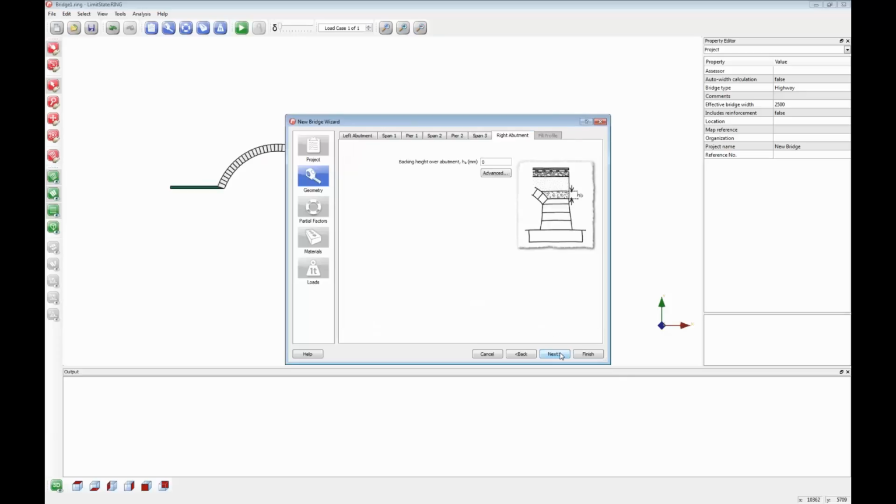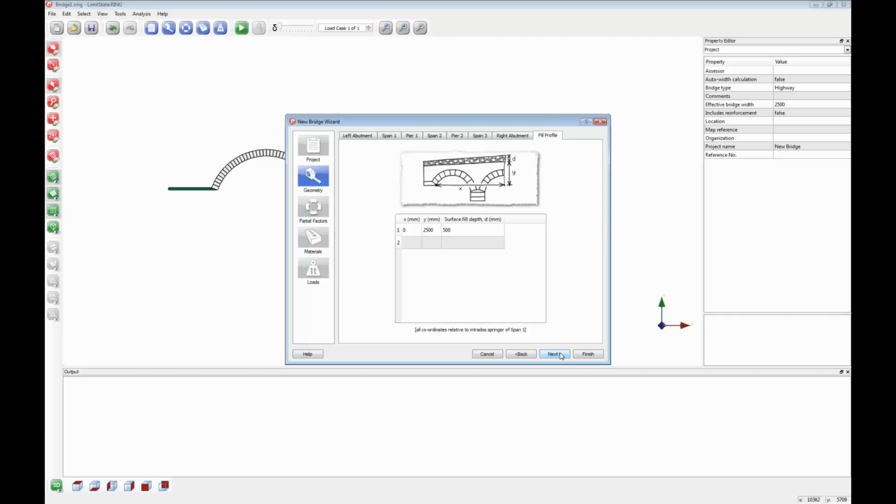I think I'll leave it as it is. 3 spans is probably enough. I won't bother about the right abutment. For the fill profile, you can enter as many points as you have available in order to properly represent the location of the road or rail surface relative to the underlying masonry arch structure.